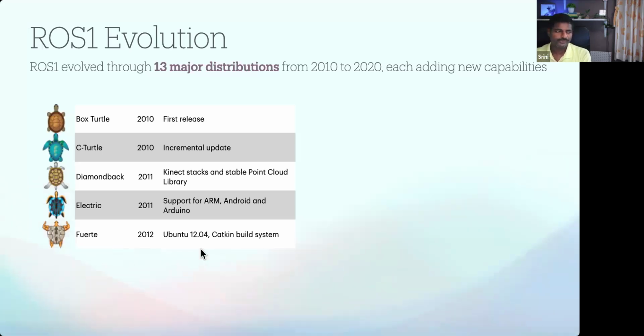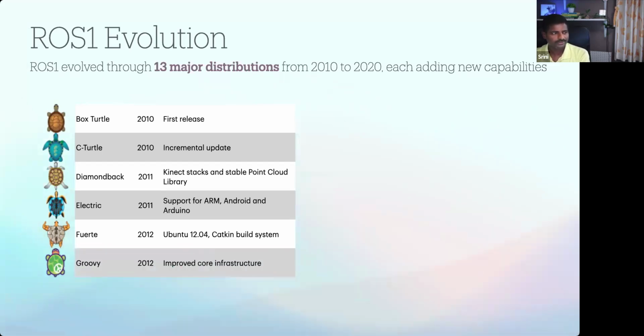ROS primarily uses the CMake build system, but the Catkin build system allows you to cross compile for different frameworks or architectures from the same system. This was really important if you're trying to build systems that can be deployed on different architectures. ROS incorporated that and added that functionality.